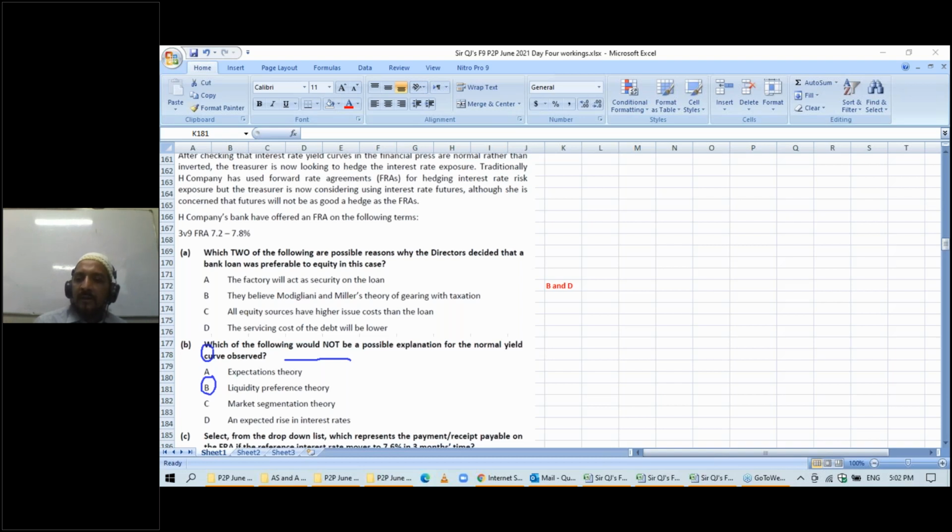That's why I have not taken the issue cost and security into consideration. But the Modigliani Miller theory directly impacts the interest cost, the tax shield. So I have picked both portions which are affecting the cost.